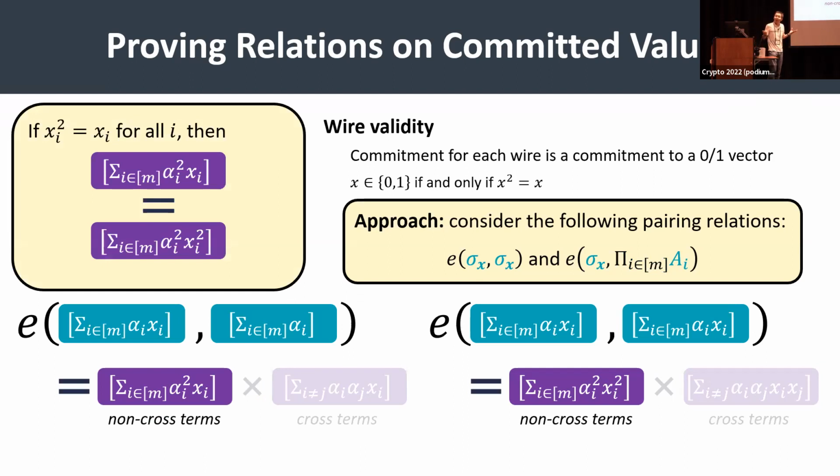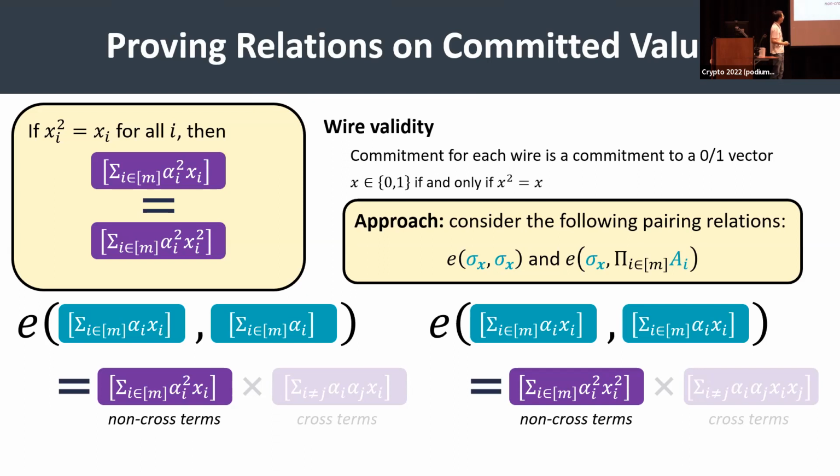What is the relation that we're hoping to check? Well, we want to check that for each i, xi squared is equal to xi. That means that xi is a binary value. If xi squared equals xi, observe that these two expressions are actually identical. So this means that if the prover did the correct thing, namely it constructed a commitment to a binary valued vector, these two relations would be identically valued modulo some differences in these cross terms.